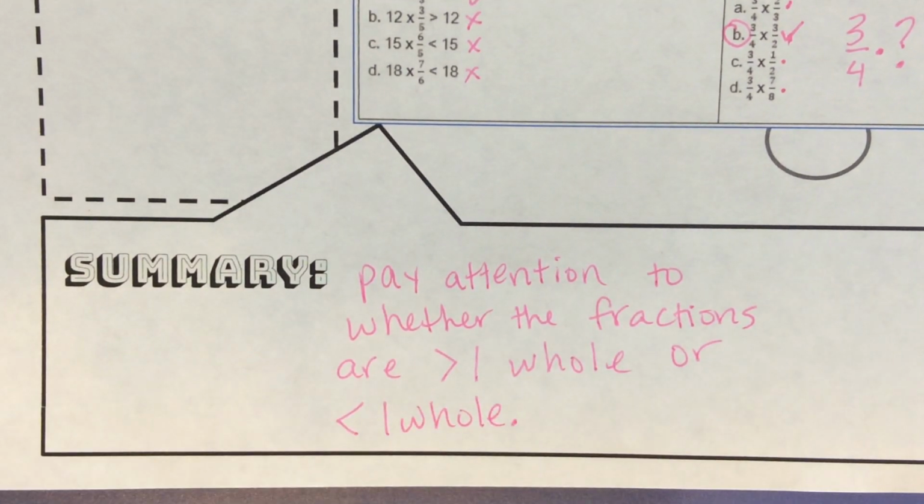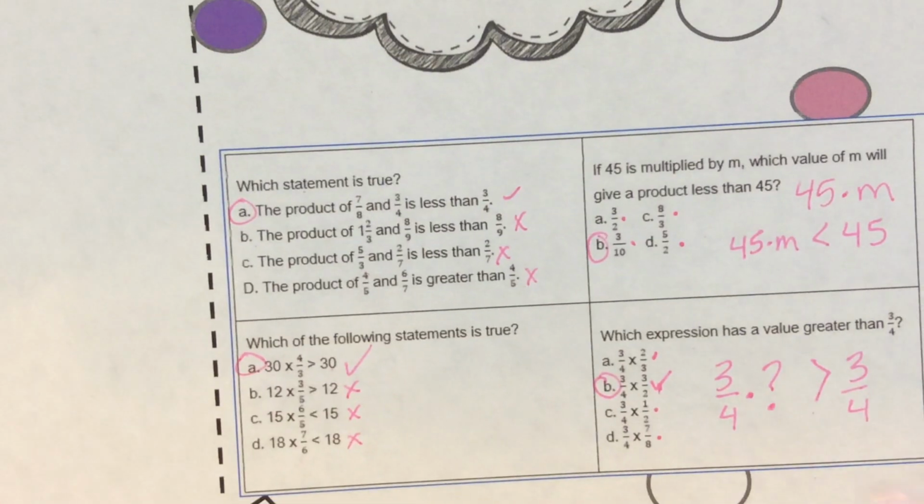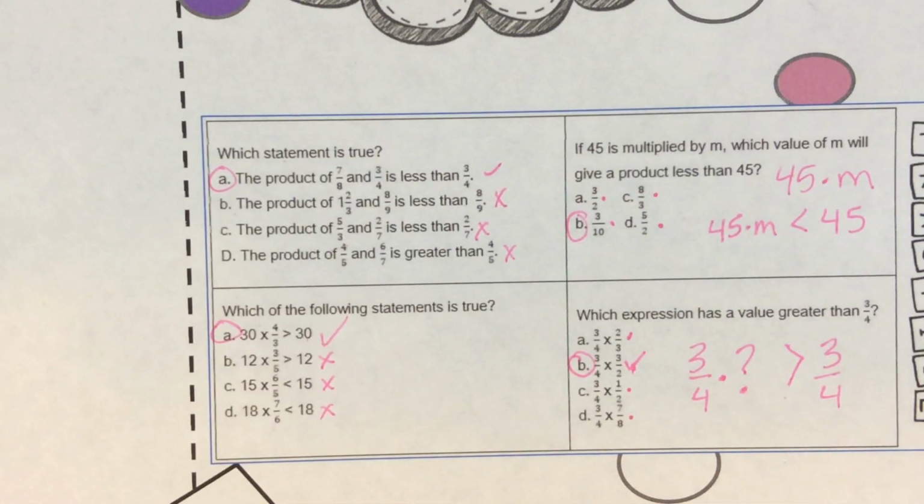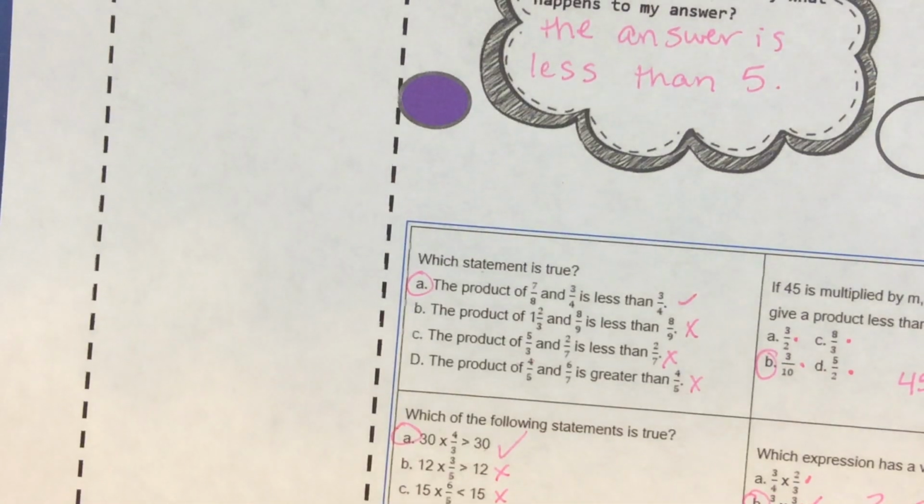That's the biggest thing of all, right? And it's not just for, of course, we test it with these kind of problems too, but it helps with the reasonableness of all problems.